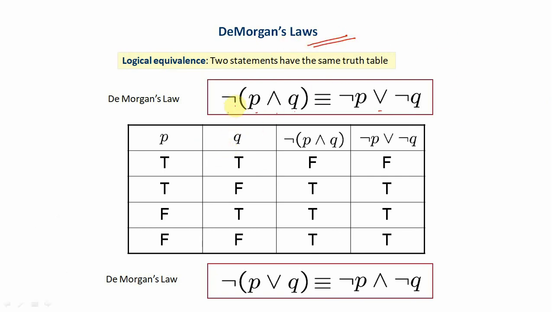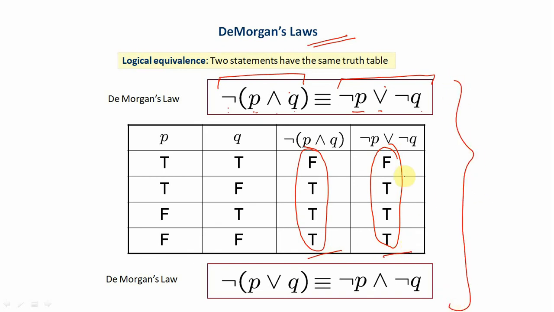We have one of the De Morgan laws which says negation of P and Q is equivalent to negation of P or negation of Q. So we are going to make the truth table for the LHS, and the truth table for the RHS, and we will show that both the truth tables are the same. As you can see over here, this is the truth table for the LHS part, this is the truth table for the RHS part, and you can see both of them are the same. So we can verify this law with the help of a truth table.